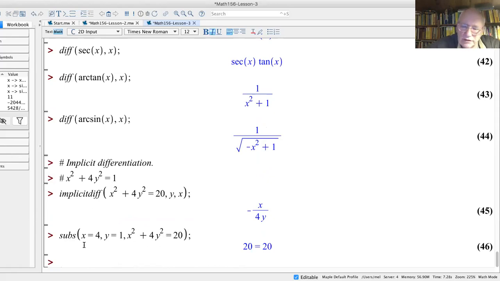Suppose I wanted to find the tangent line. Let me call it tangent line at this point. So at the point 4, 1, this is the derivative. Let me add a line.